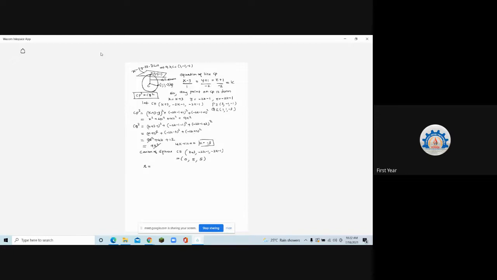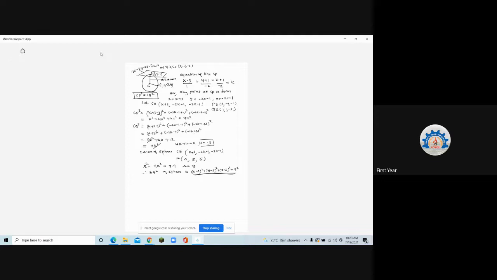CP or CQ is the radius. So 9k square is radius square, that is 9 into 9. So R is equal to 9. And therefore the equation of the sphere is nothing but (x - 0) the whole square plus (y - 5) the whole square plus (z - 5) the whole square is equal to 9 square. This is the equation of the sphere, which was the question.